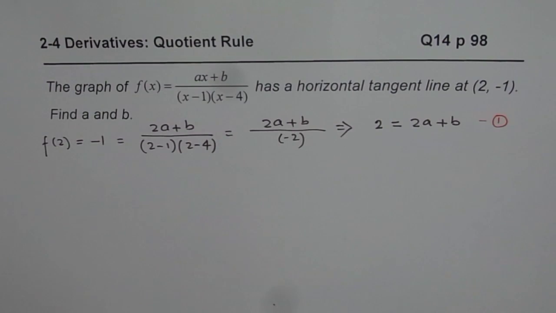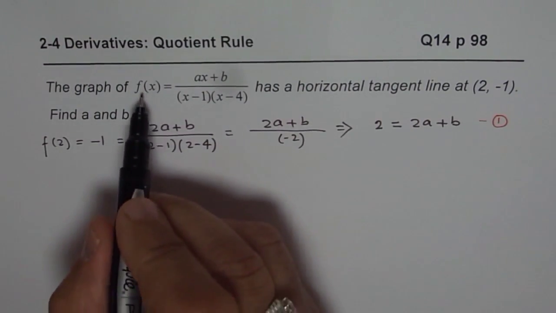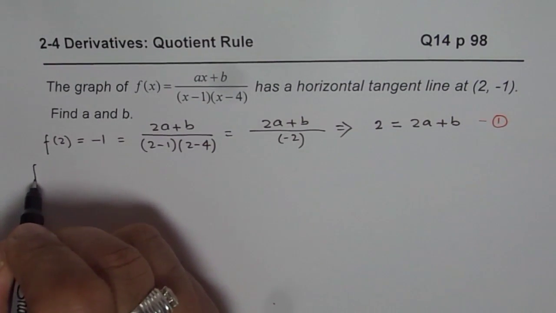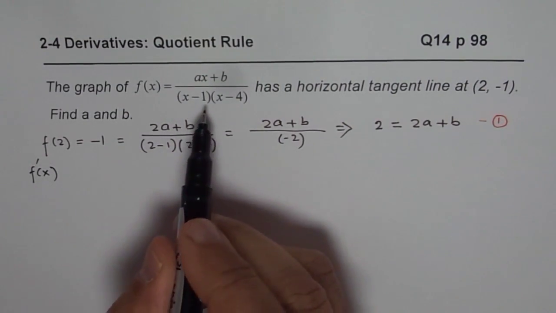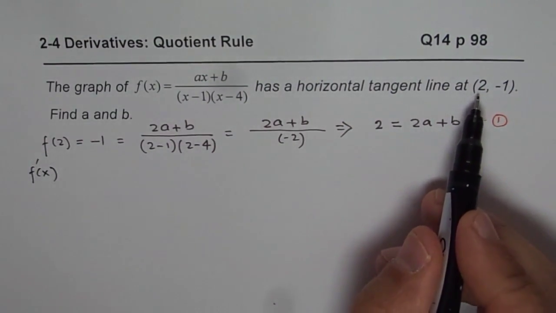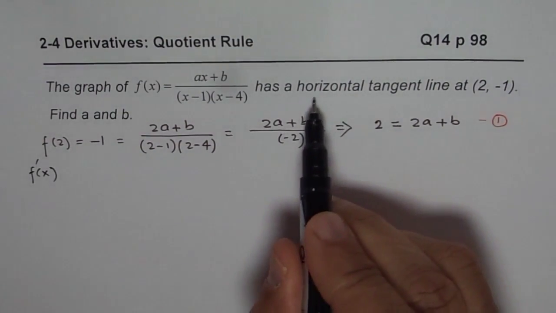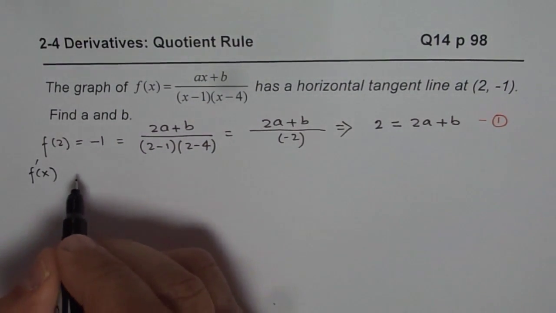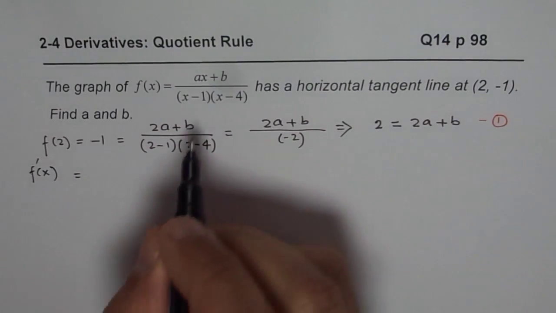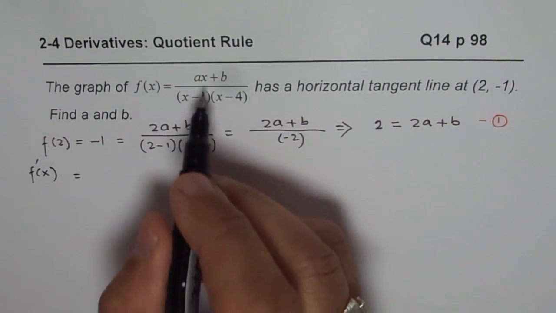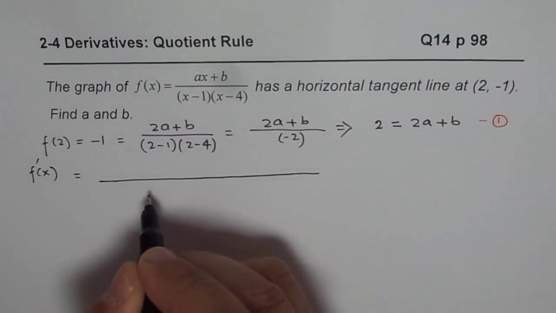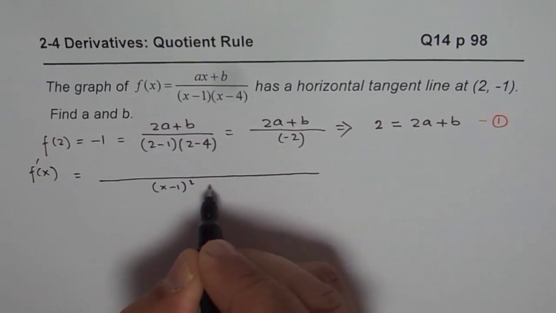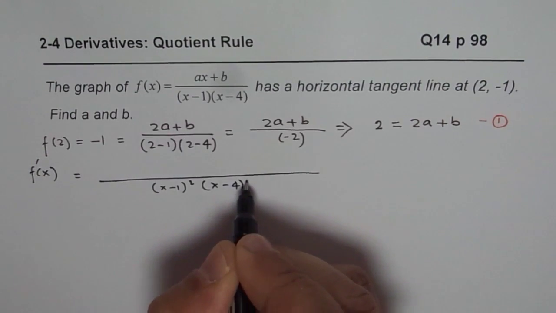Now to get the second equation, we should find the derivative. We need to find f'(x), and what we really know is that f'(2) is 0, since we have a horizontal tangent, right? So first let us find the general expression. We'll use the quotient rule. The denominator squared, that means (x - 1) squared, (x - 4) squared.